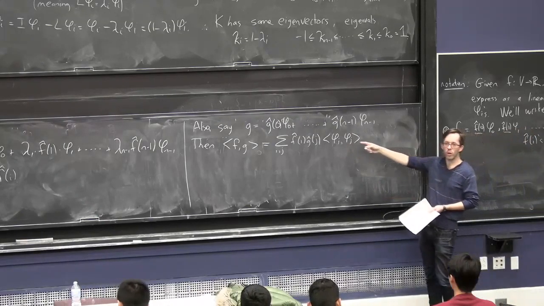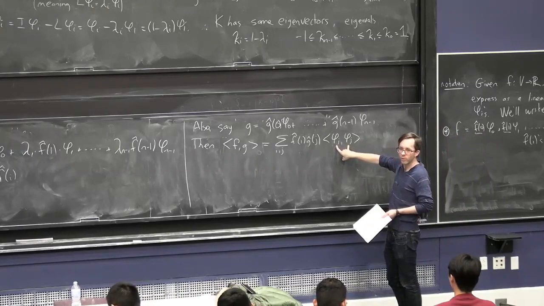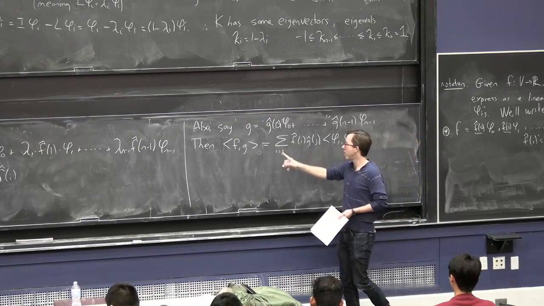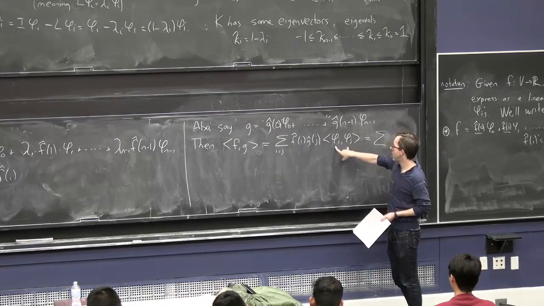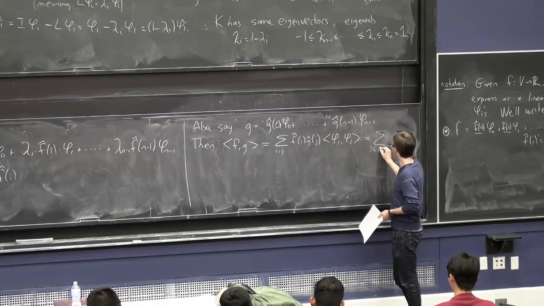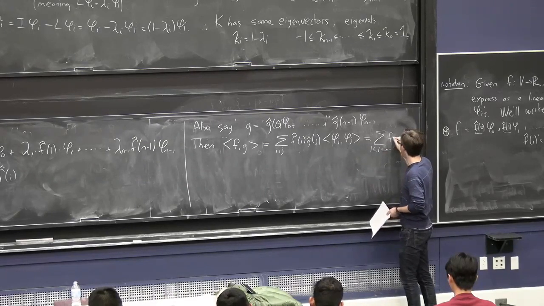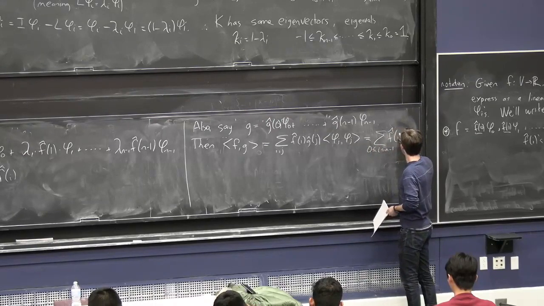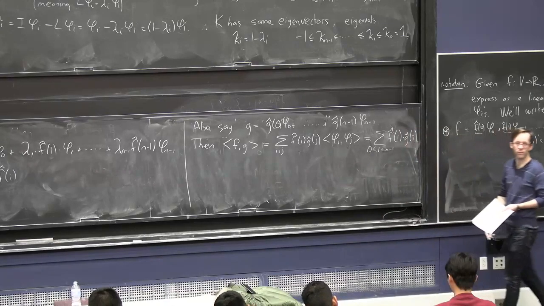The phi's are orthonormal, which means precisely that this is 1 if I equals j, and it's 0 if I does not equal j. So all the summands where I differs from j drop out. And when I equals j, this just becomes 1. So we get this nice formula. The inner product between f and g is like the dot product of their coefficients in this basis.